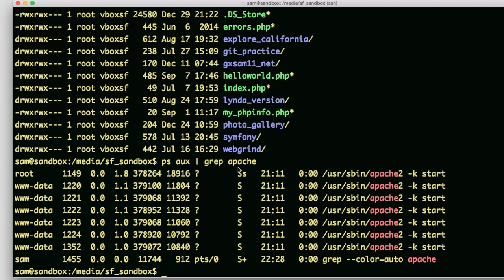When I ran this command, first of all, ps tells you what all the processes that are running are. And the grep apache basically filters out all the lines that are output. It selects only the lines that have the string apache right here. So this is the output that I had. And you can see Sam is a user and www-data is a user. Root is also related to some of the processes.